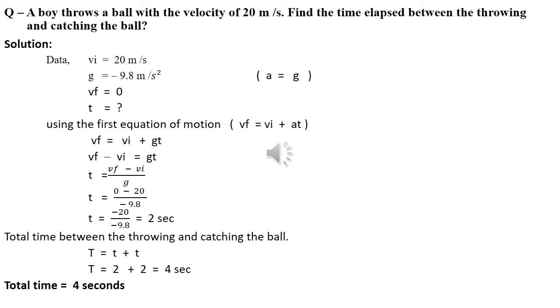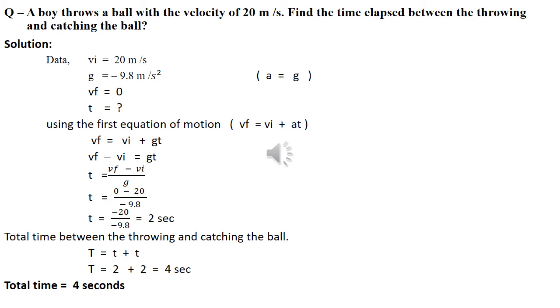We have to find t. A is multiplied by t, but on the other side it is divided, so t equal to Vf minus Vi divided by a. In place of a we put g. Okay, so we have to put the values.